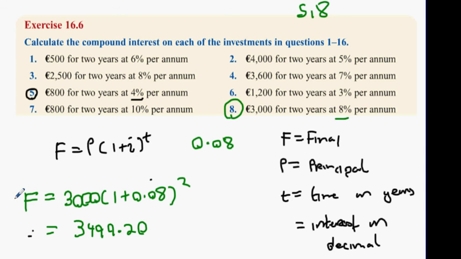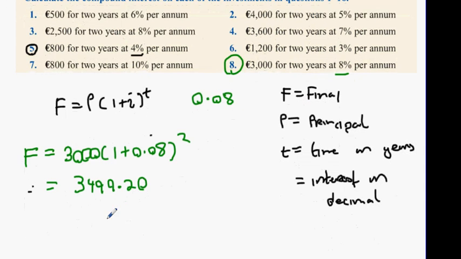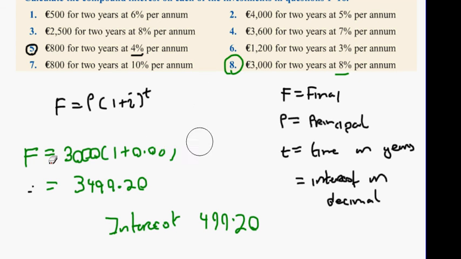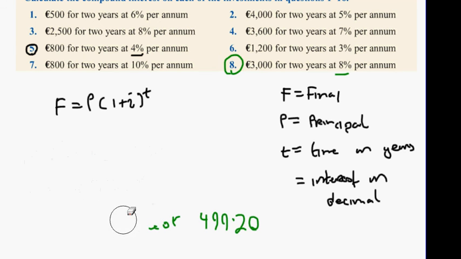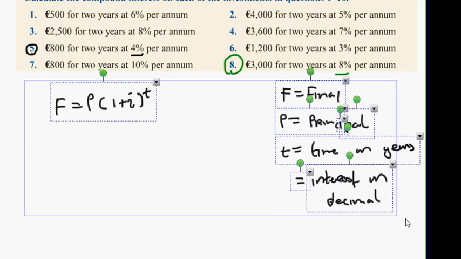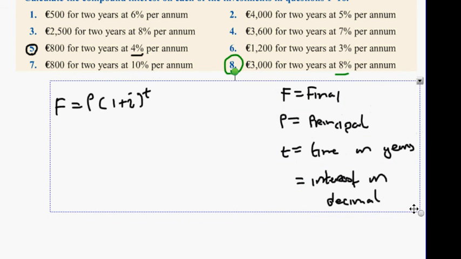Interest is 499.20. Okay, now that's pretty easy, isn't it? You just fill in your formula, make a list, and fill in your formula. So we bring this with us. Okay, on to the next page.